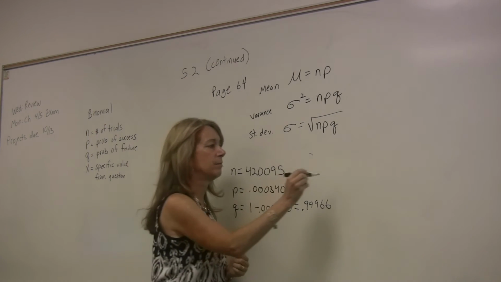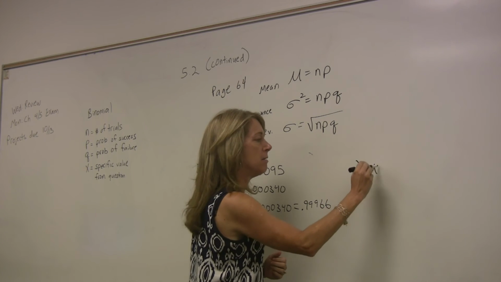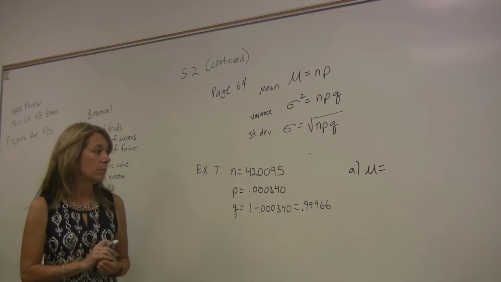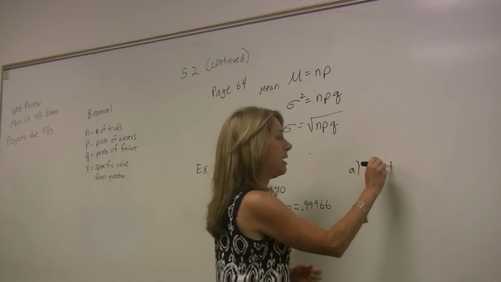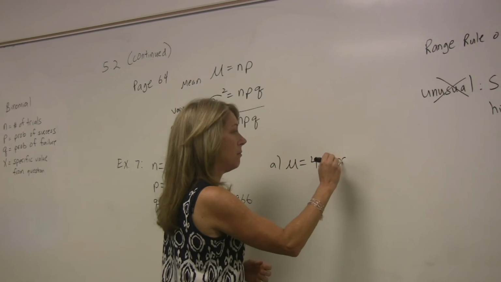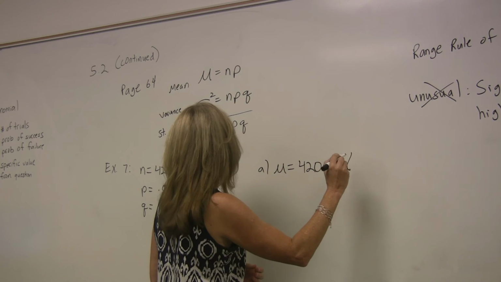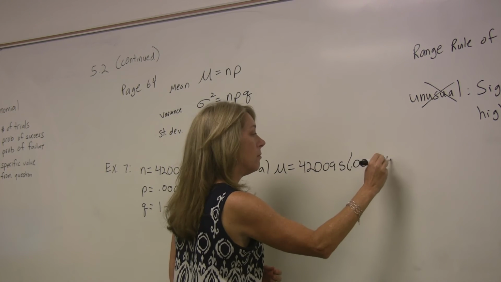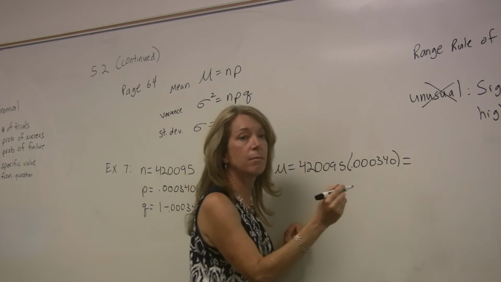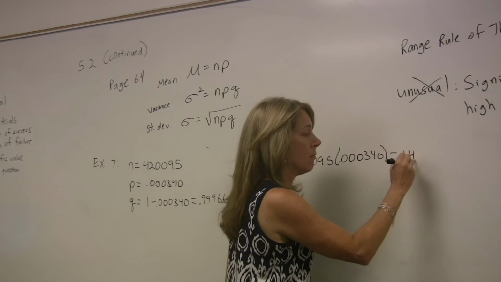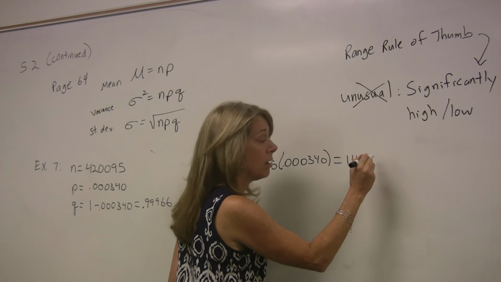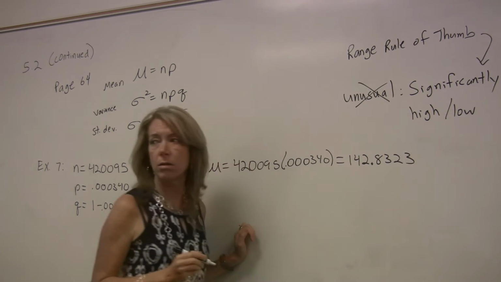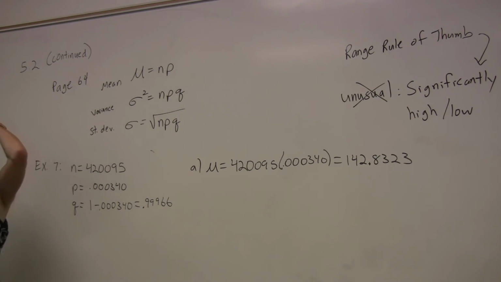So part A says find the mean. It's just n and p, right? It's just n times p. I got 142.8323. Tell me again. I got 142.8323. Do we agree with her?